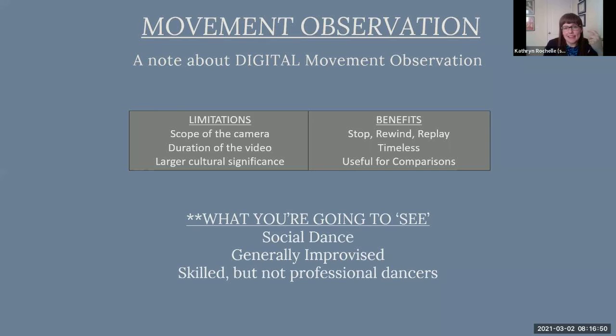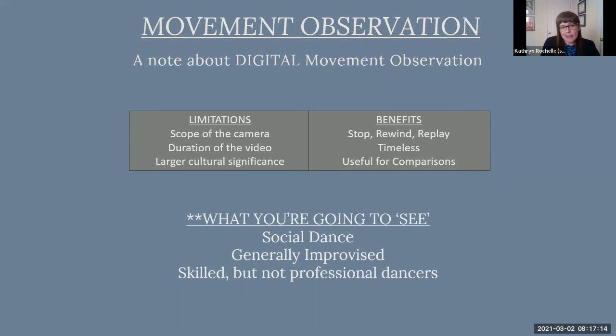You have to keep in mind that I'm curating the videos for you. And of course, that's biased. But what I'm trying to do is find the most average video of each of these styles. But it's curated for sure. So you're going to see social dance, which means we're not looking for competitions or formal performances with a stage and an audience.